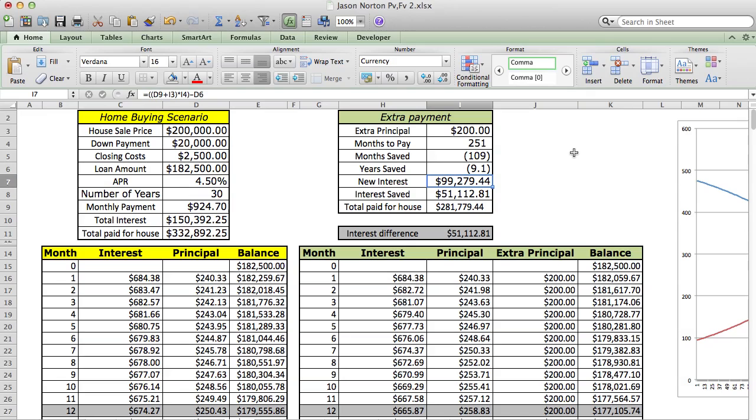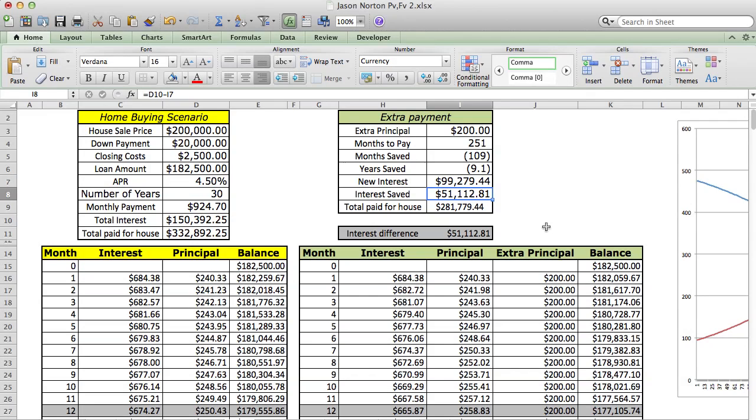That's the amount of interest that you're paying. So as you can see, you've saved $51,000 in interest just by making an extra $200 a month towards your mortgage. Now, a lot of mortgage lending companies will let you do this. They'll let you pay it off sooner.